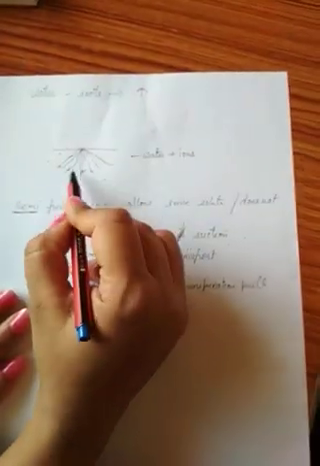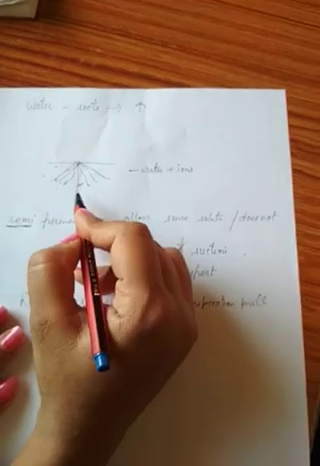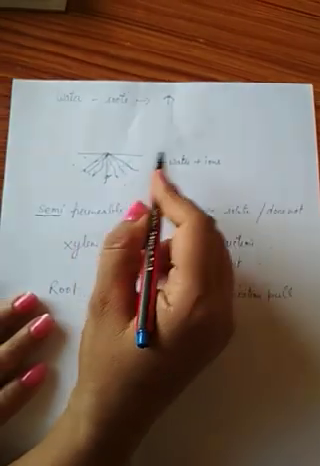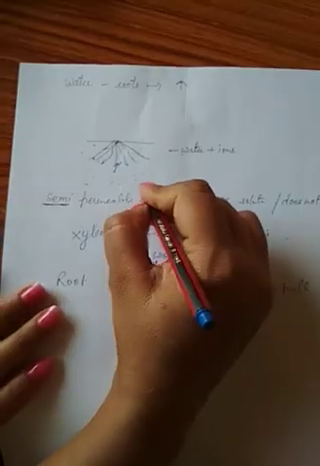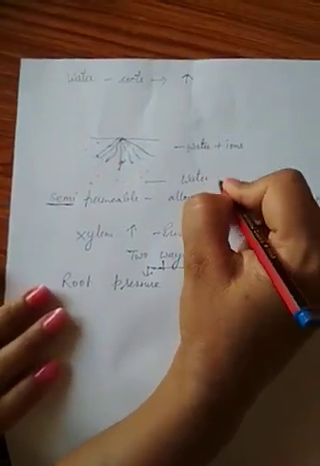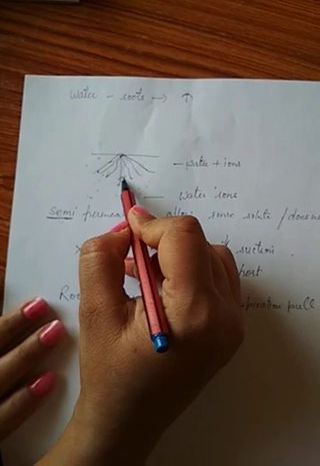Now as we know, the roots are present in the soil. Roots are responsible for the absorption of water plus ions, and soil also contains water and ions. They have the root hairs.